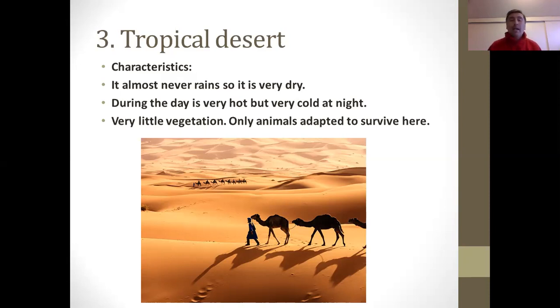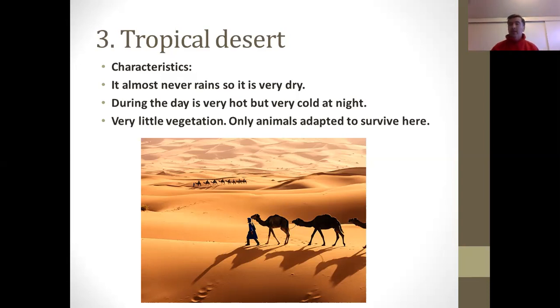For example, if you go to Calama, Calama is in the middle of the Atacama Desert. During the day, you can have 25 degrees, but at night it's freezing cold. And there is a lot of wind and it's very, very cold. So it's very strange. You have summer in the day and winter in the night. That picture is of the Sahara Desert, which is the largest desert in the world.